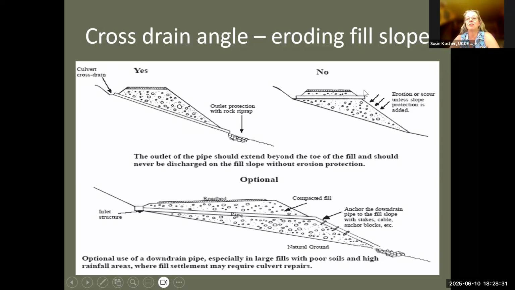Here's one where it's too flat, and so the water is coming out on this unprotected slope, which can cause erosion. And so one of the things that can be done there is to have a pipe put in to bring the water down closer onto riprap. So this slope of these cross drains can be one of the issues wrong with your road.